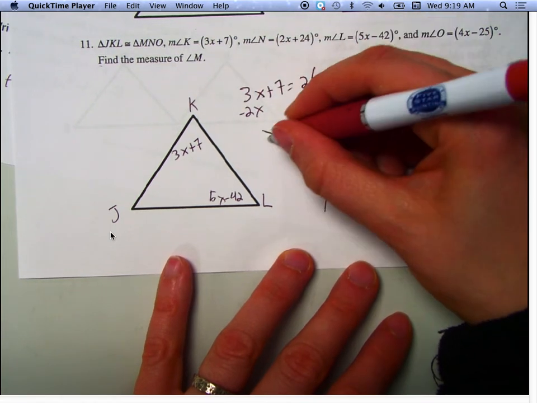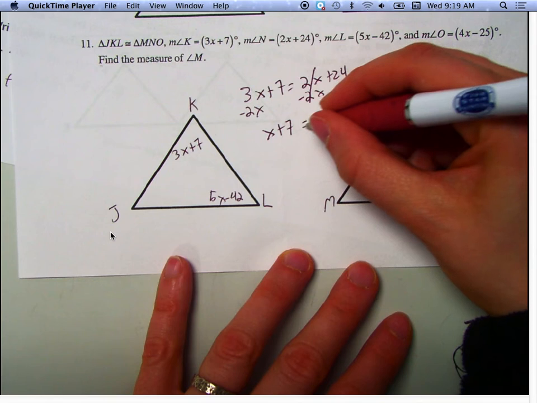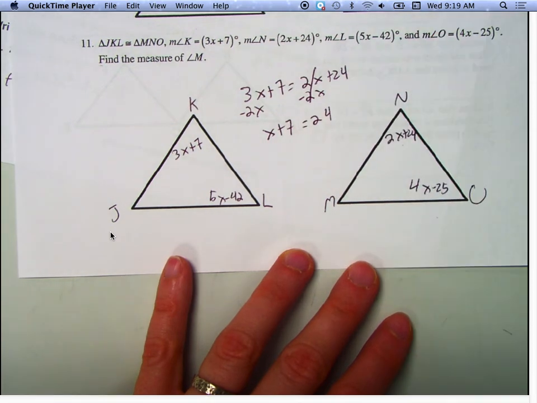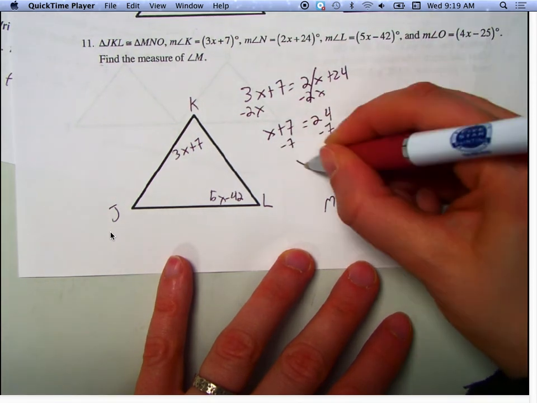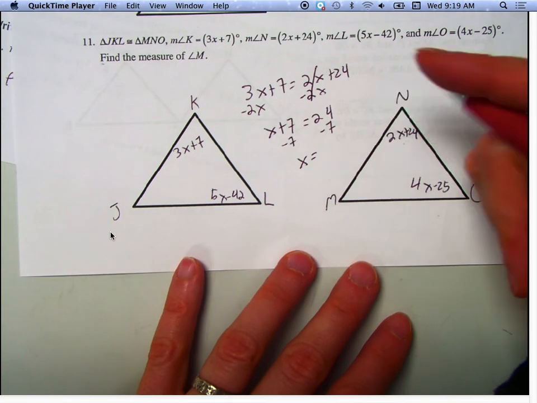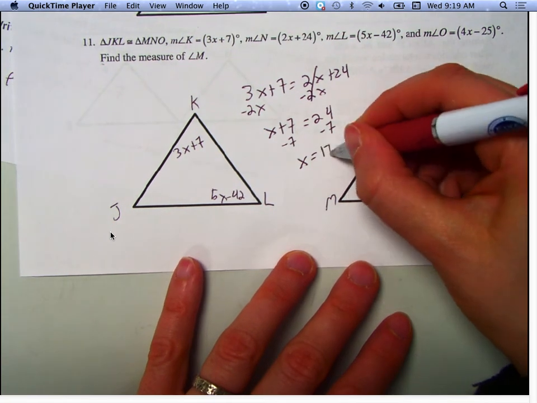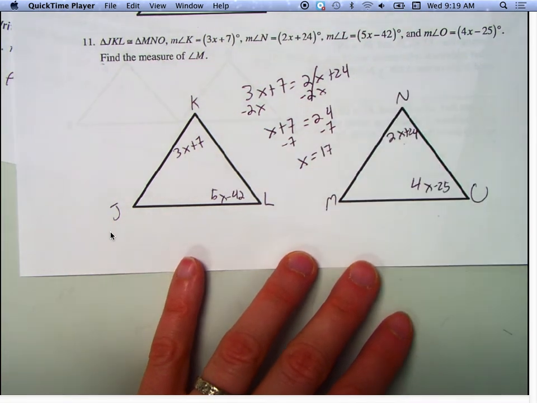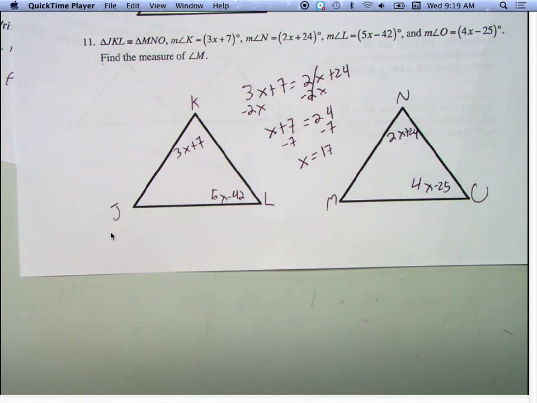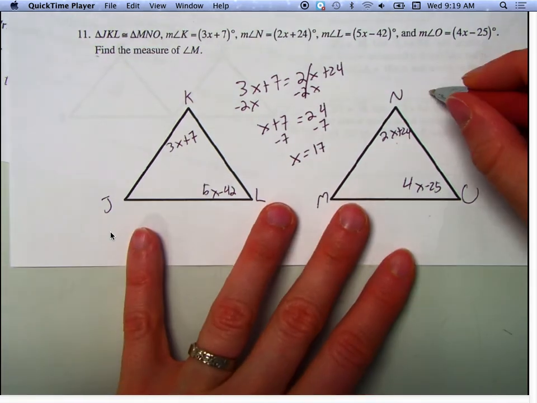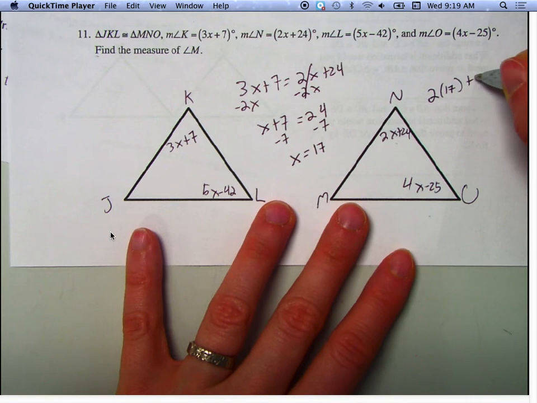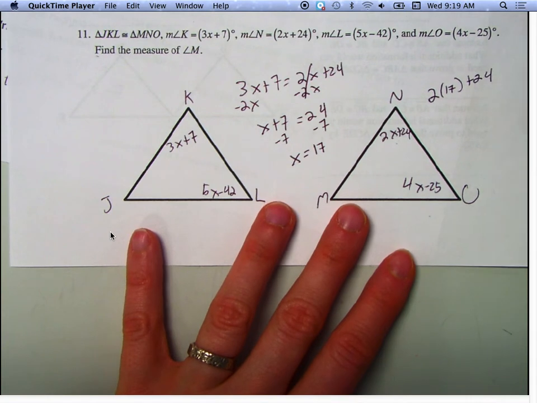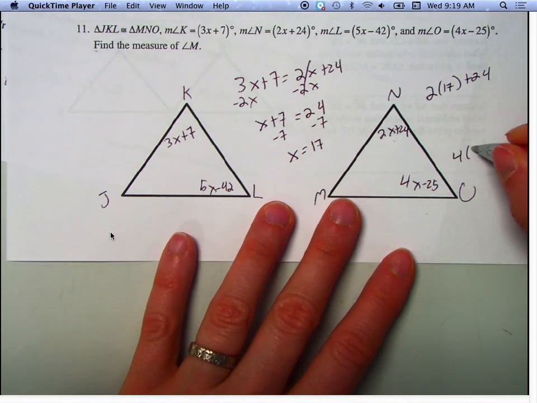I get x plus 7 equals 24. Now I'm going to subtract 7 from both sides, and I get 17 is my x. So now I need to plug in 17 for both of these. I'm going to go 2 times 17 plus 24, and 4 times 17 minus 25.